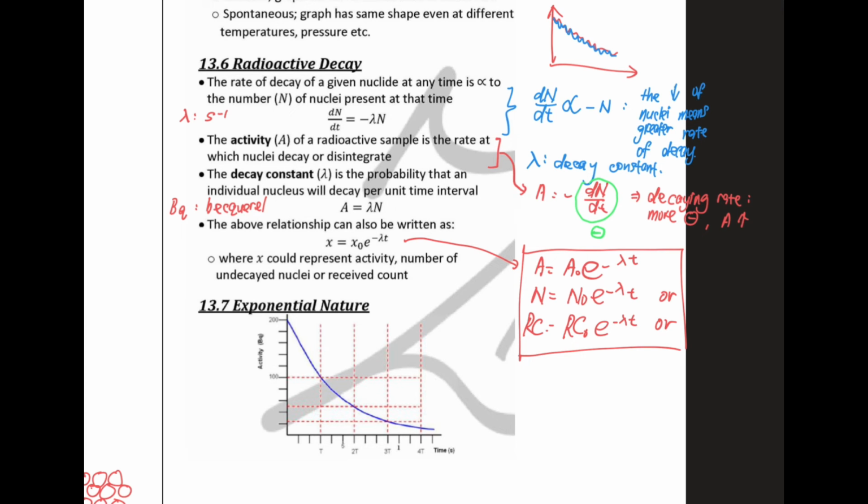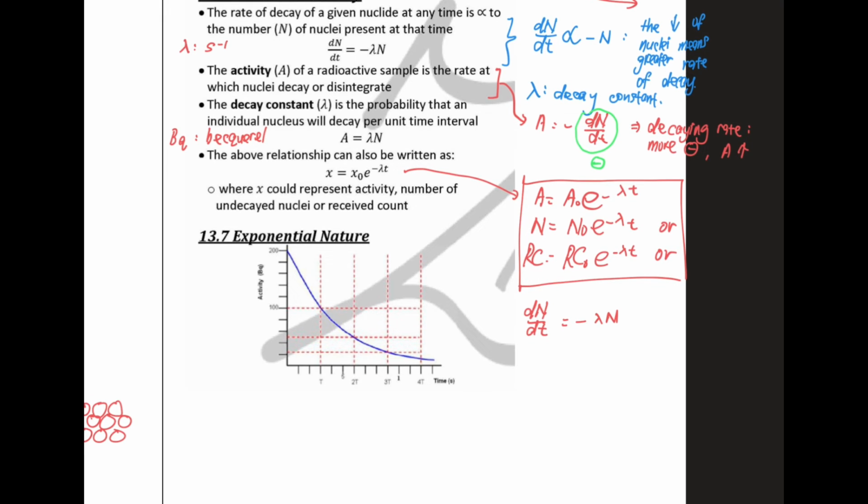Now, let's play around with the formula to see how all this works. Okay, so I will start from dN/dt equal to minus lambda N. So we need to use mathematics. Sometimes they ask you to derive.